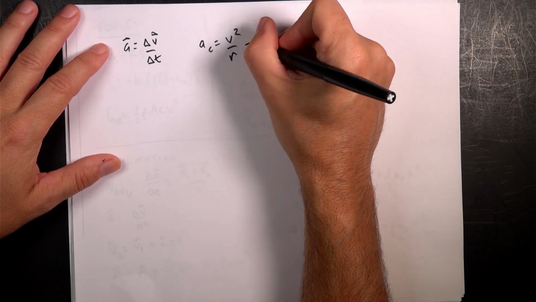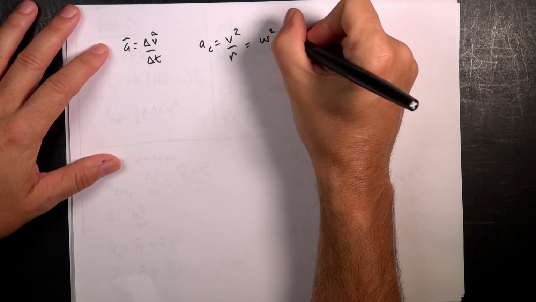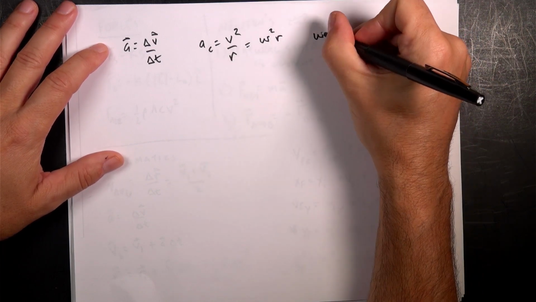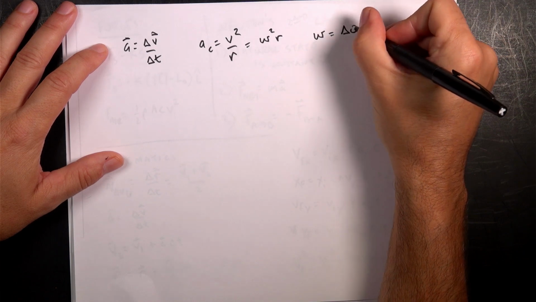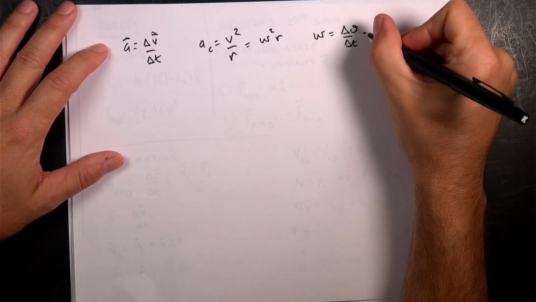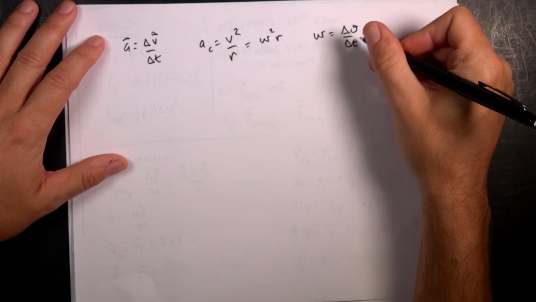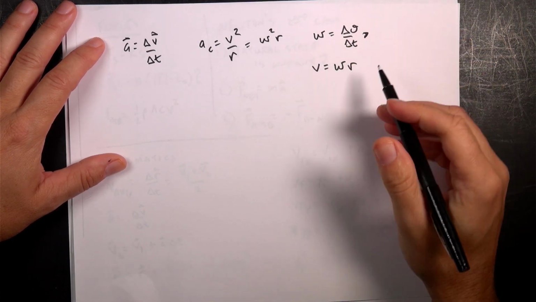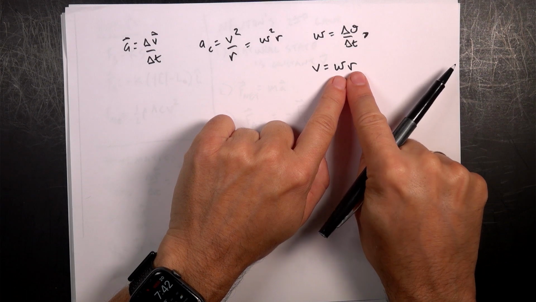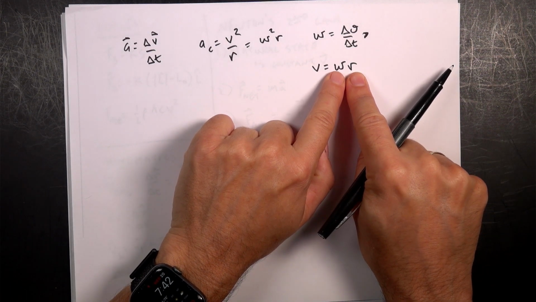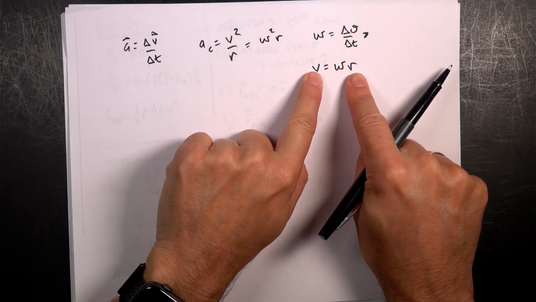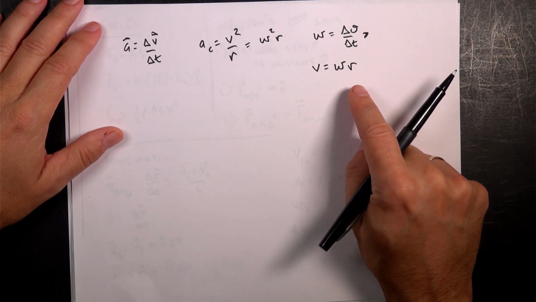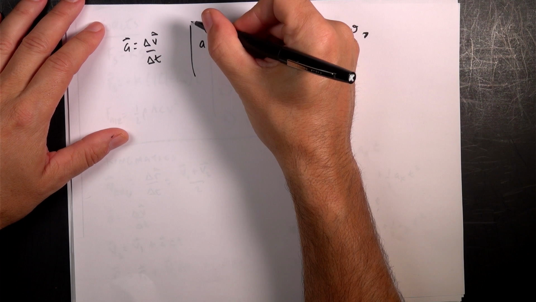And you can also write that as omega squared times r, where omega is the angular velocity. So omega is delta theta over delta t, and also v is equal to omega times r. So if I have an object moving in a circle of radius r with an angular velocity omega, it has a linear velocity, not a vector, the magnitude is v. And this is for circular acceleration.